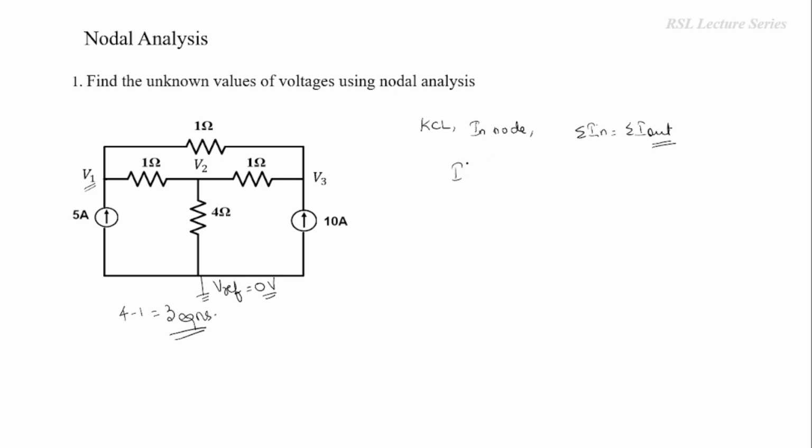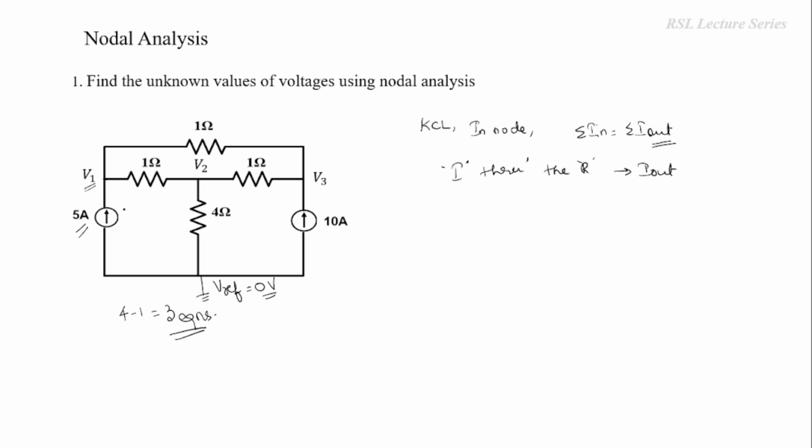For the current source, if the direction is given as flowing towards the node, then it is considered as incoming. Otherwise, it is considered as outgoing.